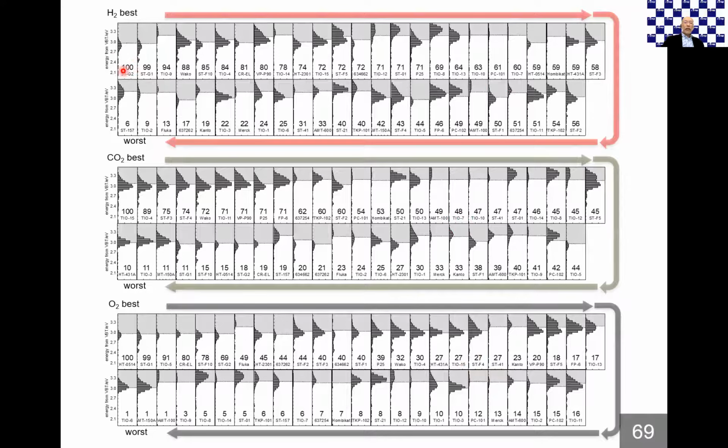The relative activity is 100 for the highest, decreasing, and the lowest one is here, for the carbon dioxide and oxygen evolution reactions. And as you see, the pattern is not depending on the photocatalytic activity. Of course, similar photocatalytic activity doesn't mean the similar ERDT CBB pattern.